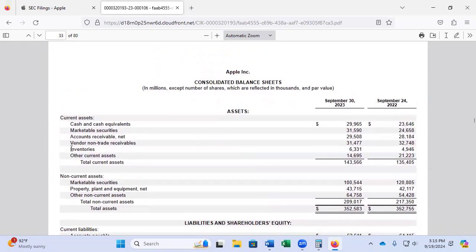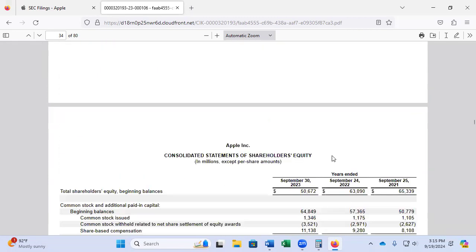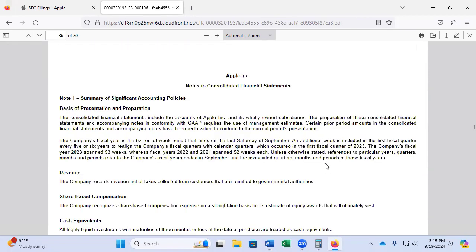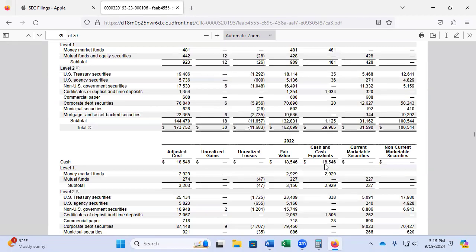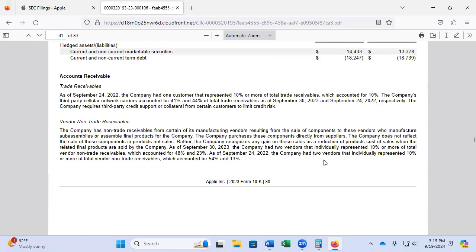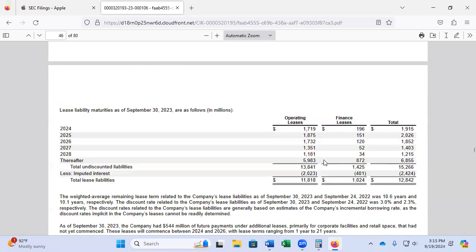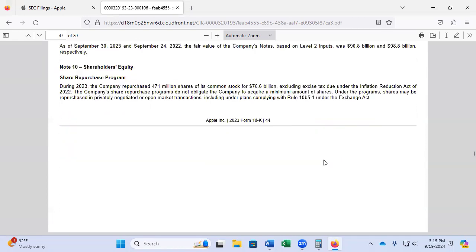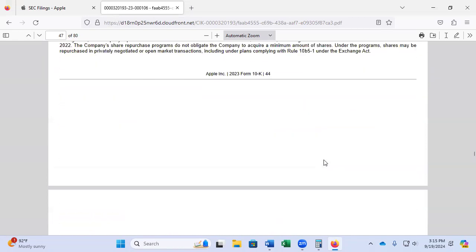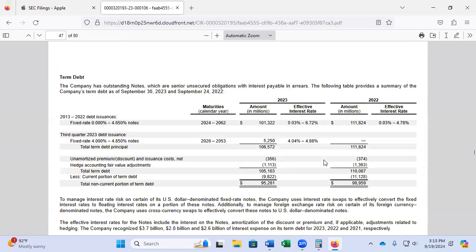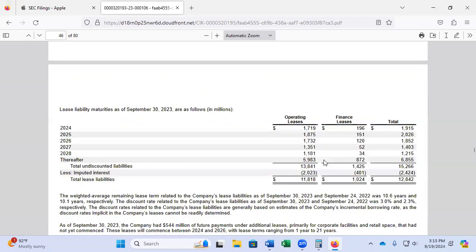So, you know, they just put inventories in here and you've got $6 and almost $5 billion of inventories. But companies should always provide footnotes on inventory if I didn't roll past it.